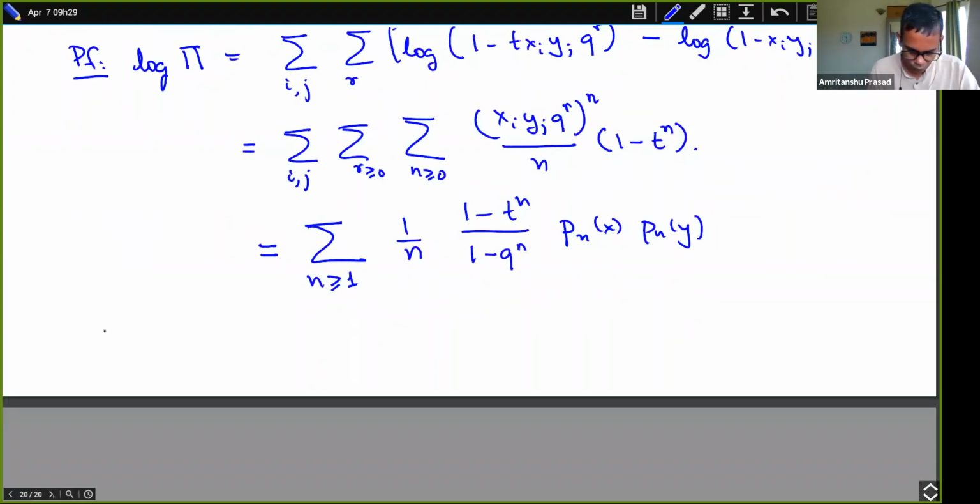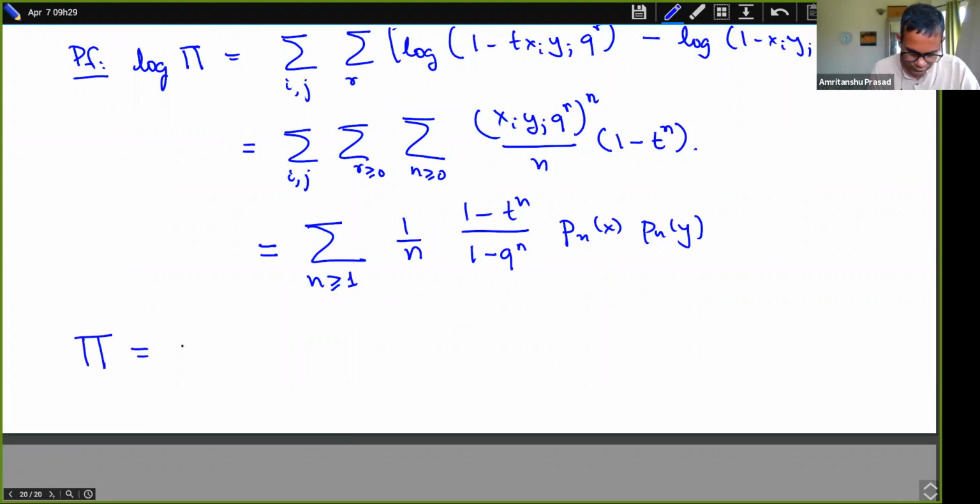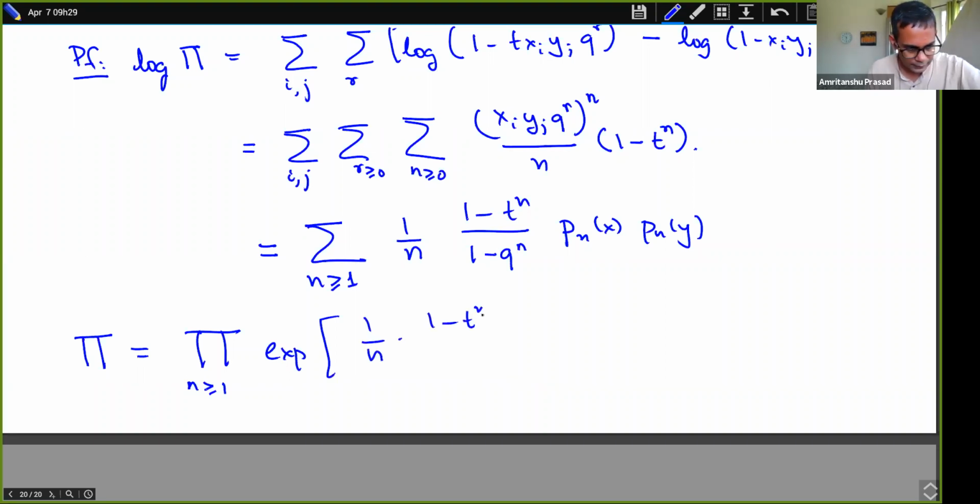And so if you want pi itself, then it's the exponential of this. So it's a product over n greater than or equal to 1 of the exponentiation of 1 over n, 1 minus t raised to n over 1 minus q to the power n, pn x, pn y.